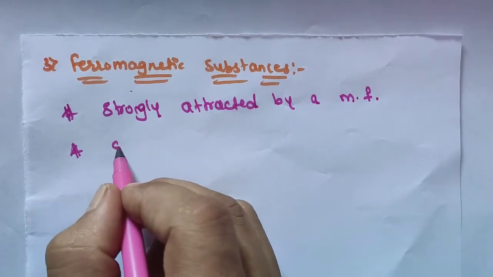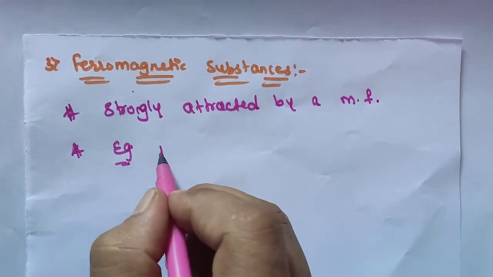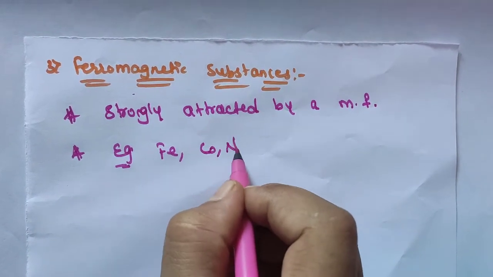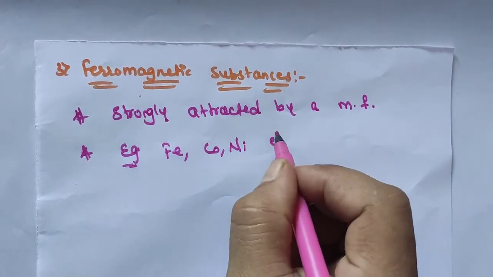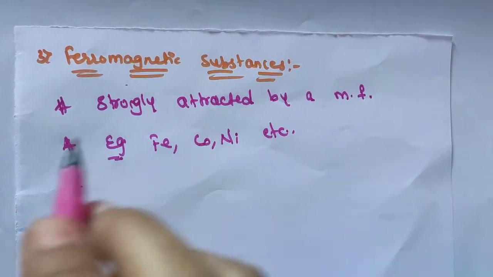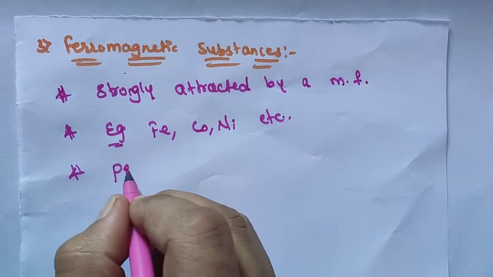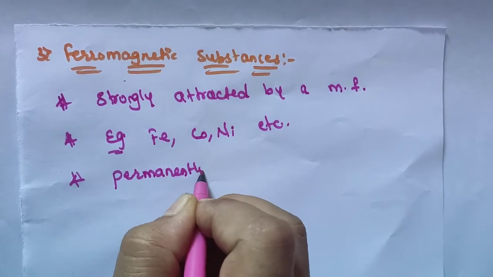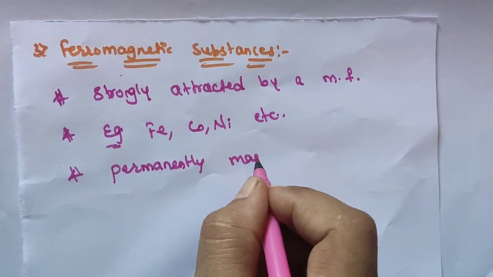Examples you can consider are iron, cobalt, nickel, etc. Here they can be permanently magnetized. It is not a temporary case; it will be permanently magnetized.